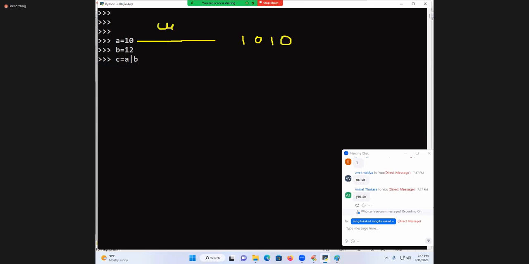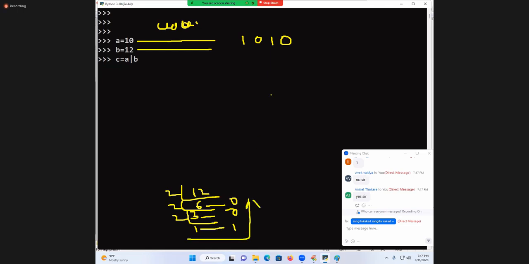I'm not writing the leading 0s, only 4 bits I'm taking. What is 12? If we take 12 here, 1, 1, 0, 0. Next, what is the answer?